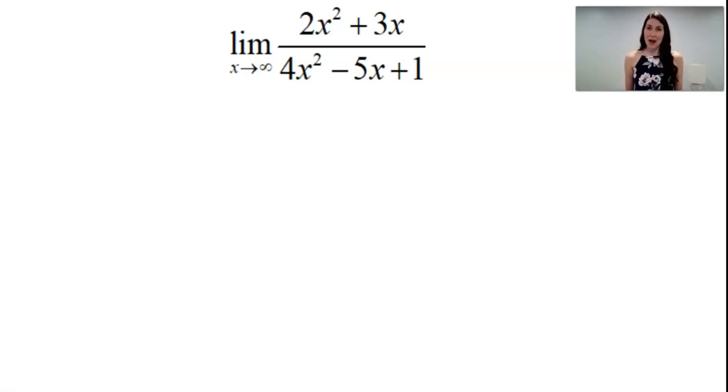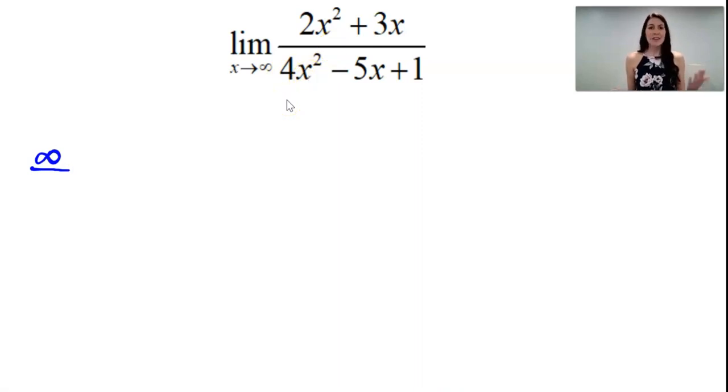With any limit problem, the first thing we should do is think about directly substituting in my limit value, in this case infinity. If I take 2 times infinity squared plus 3 times infinity, I'm going to get infinity in the numerator. In the denominator, 4 times infinity squared, it doesn't matter what I subtract.